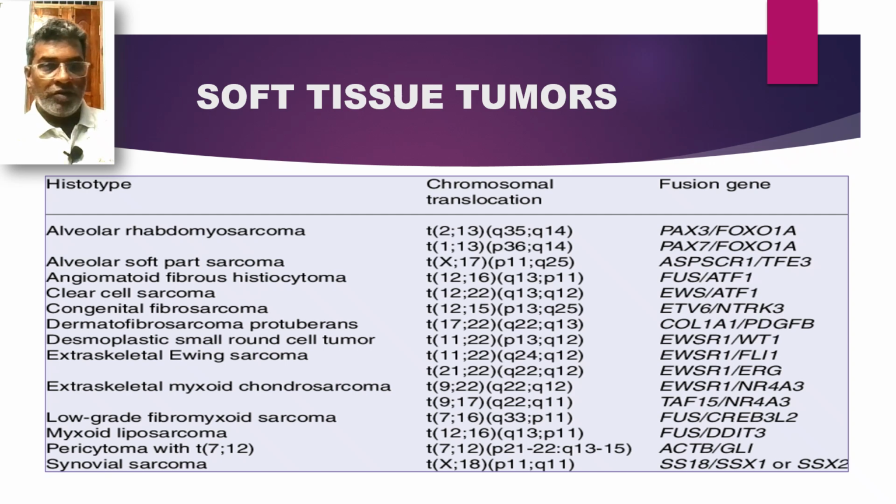So in these, chromosomal translocations are different and fusion genes are different for all these soft tissue tumors. We have no other go. Everyone has to learn by heart everything, all the translocations and fusion genes. My sincere suggestion is first you read the fusion genes. EWS is there, no? You make a chart of EWS all together at one place, FOX or PAX at one place, and learn it by heart. This is one way of learning.